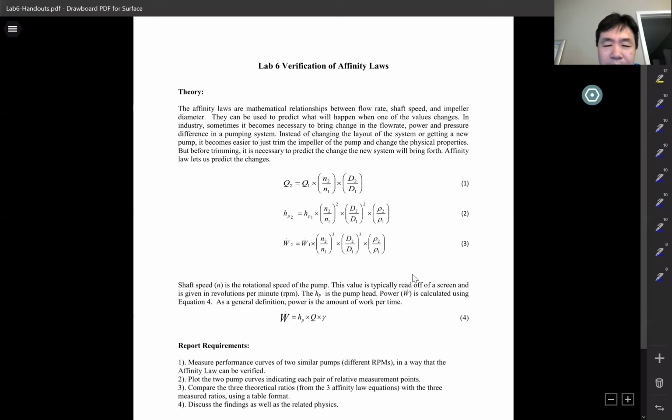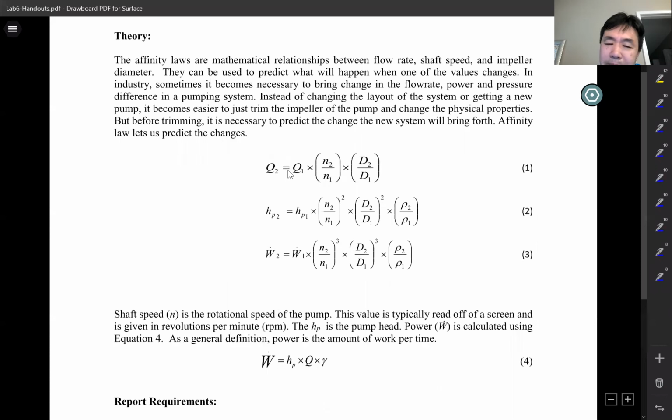The first equation is the flow rate equation, Q2 and Q1. Let's assume subscript 1 is the original pump. If you move Q1 to the left-hand side, it's a ratio, Q2 over Q1, where Q2 is the flow rate for the new pump, with the change.